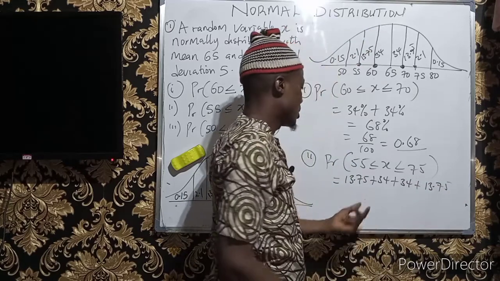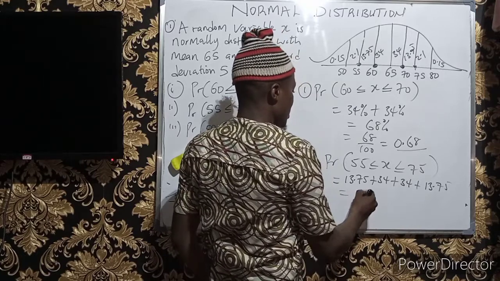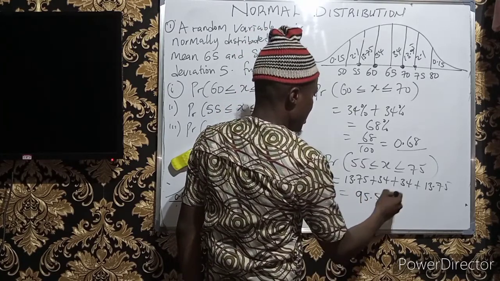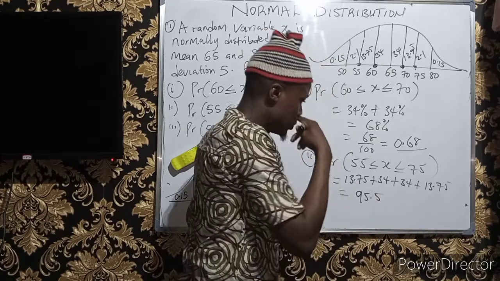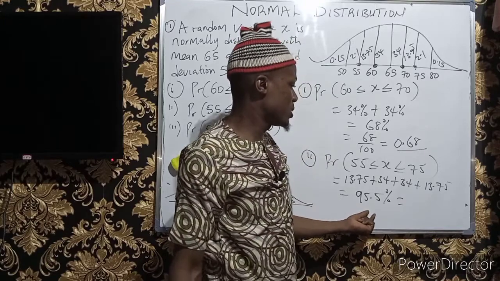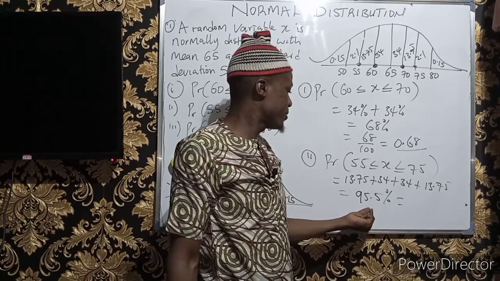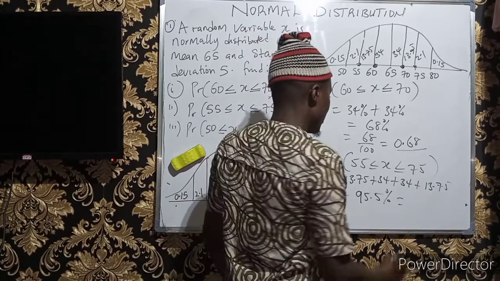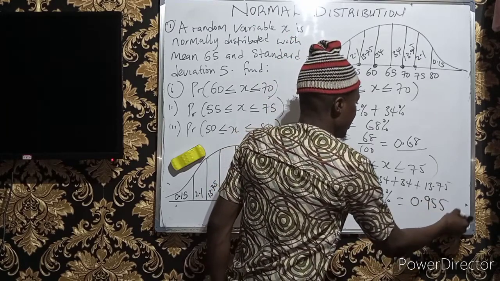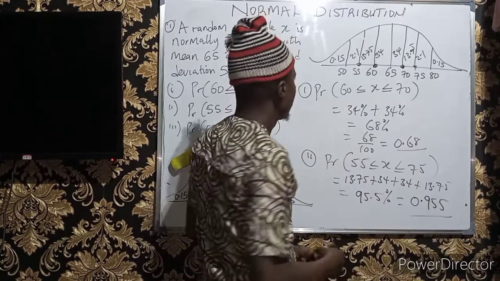When we add this together, this should be giving us around 95.5 percent. And of course, when you divide this by 100, because percentage means over 100, if I divide 95.5 by 100, I'll be getting 0.955. That's the probability.